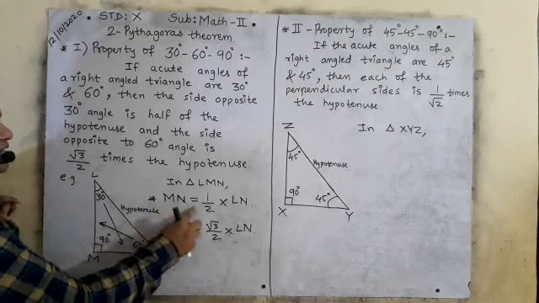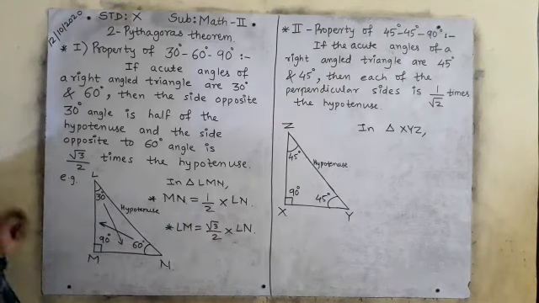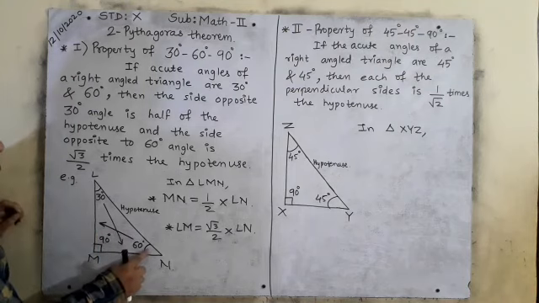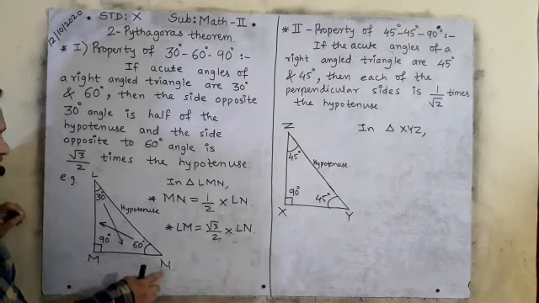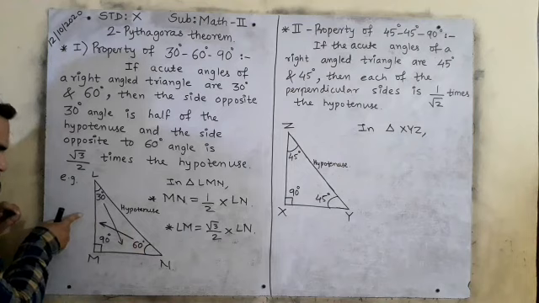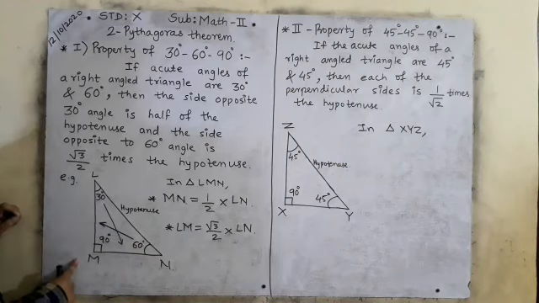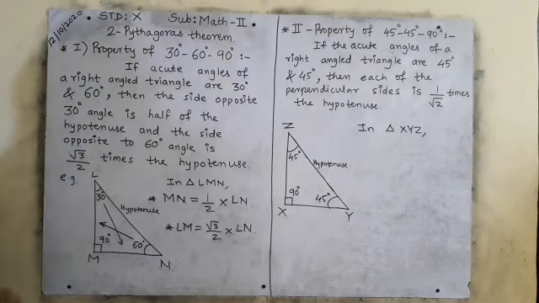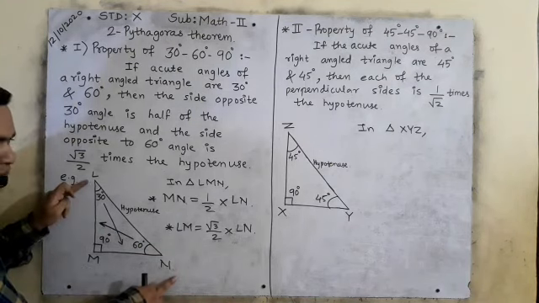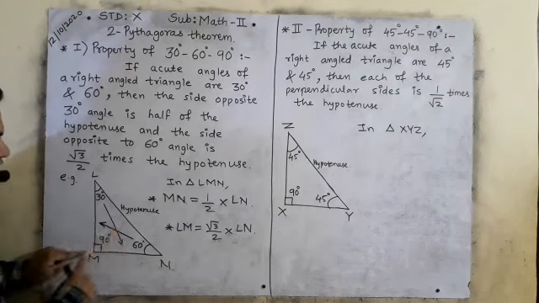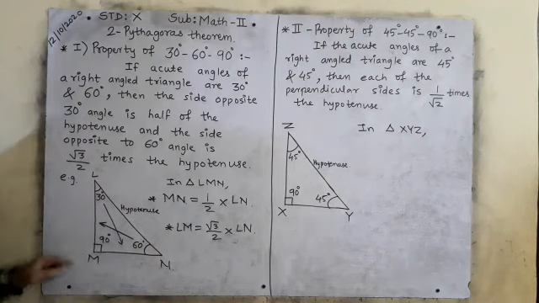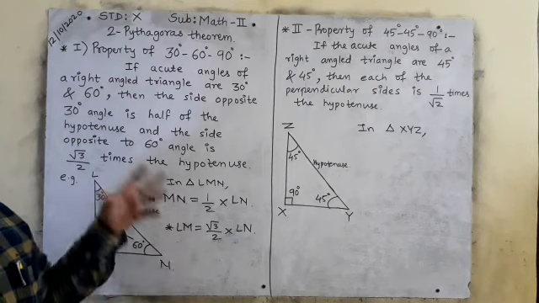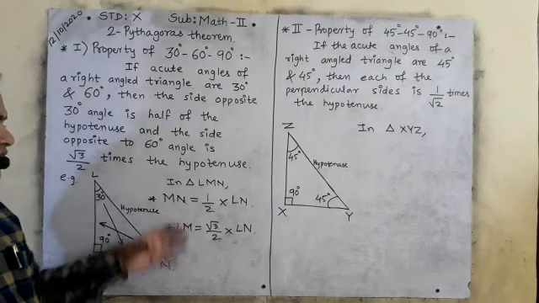MN is equal to half of its hypotenuse, and the side opposite to 60 degree angle, angle N is 60 degree, is LM. So LM will be root 3 upon 2 of its hypotenuse, and LN is the hypotenuse. Why? Opposite side of 90 degree is the hypotenuse. Is it clear? So these two formulas we have to remember, learn and understand.